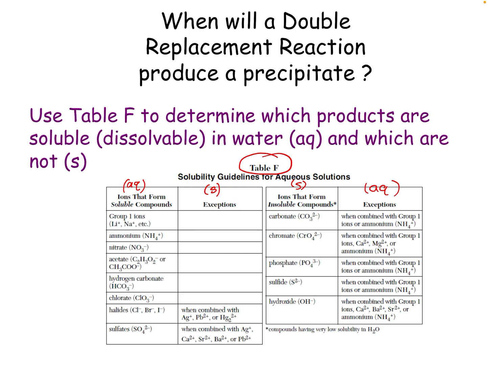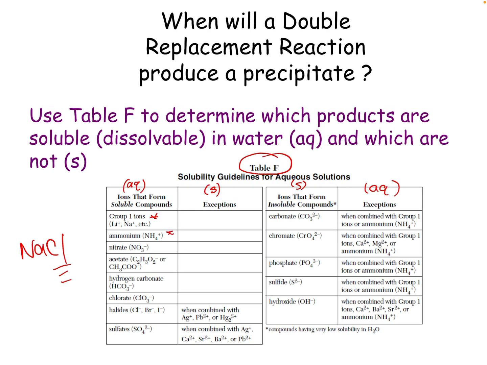So, for example, if I had a compound like table salt, sodium chloride, I'm going to look for generally the anion, the negative charge, because most of these on here are negatively charged. You will notice you do have some of these that are positively charged, and those are soluble with no exceptions.